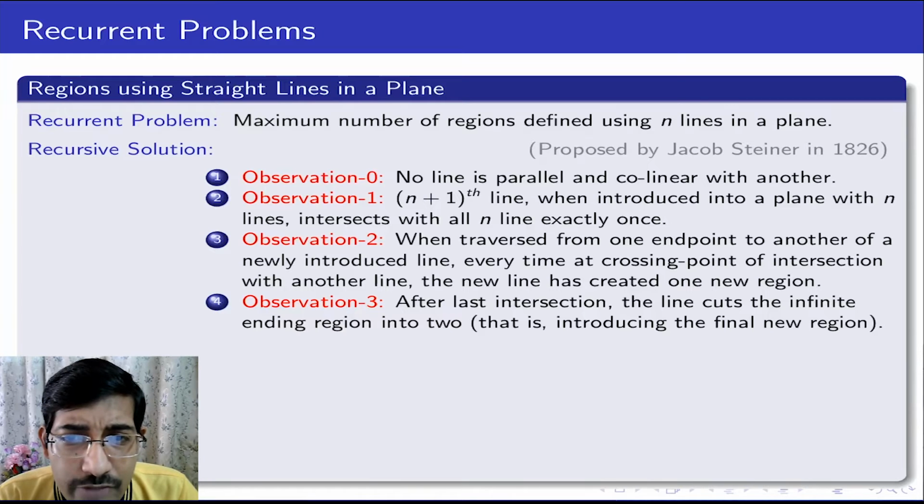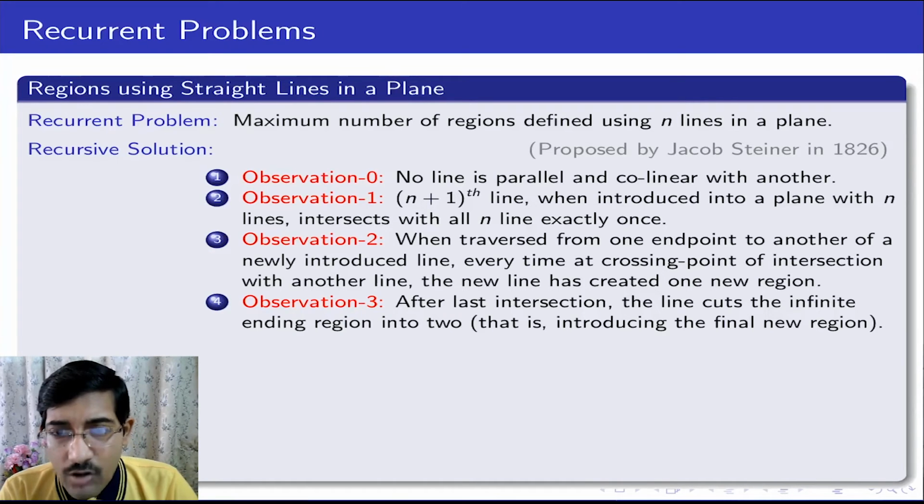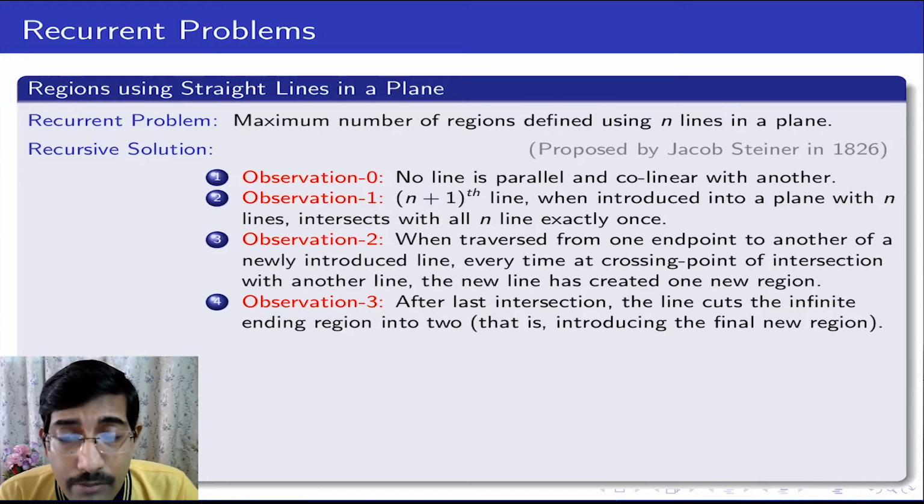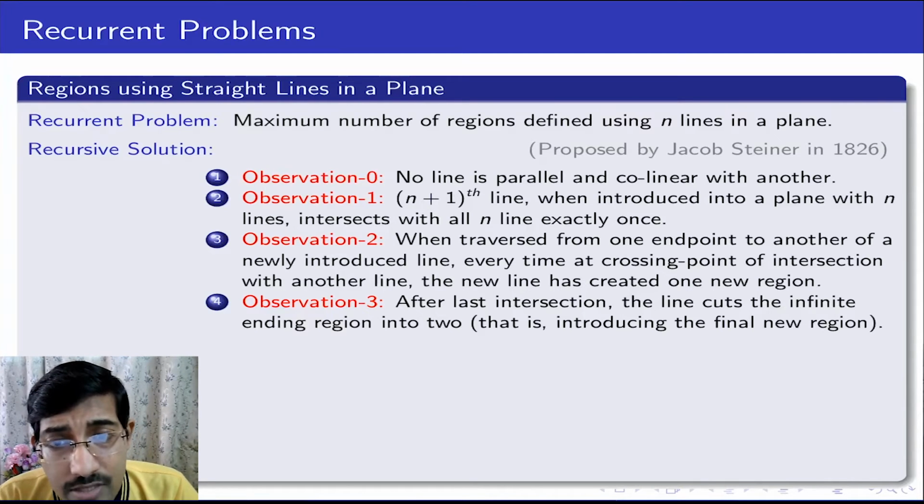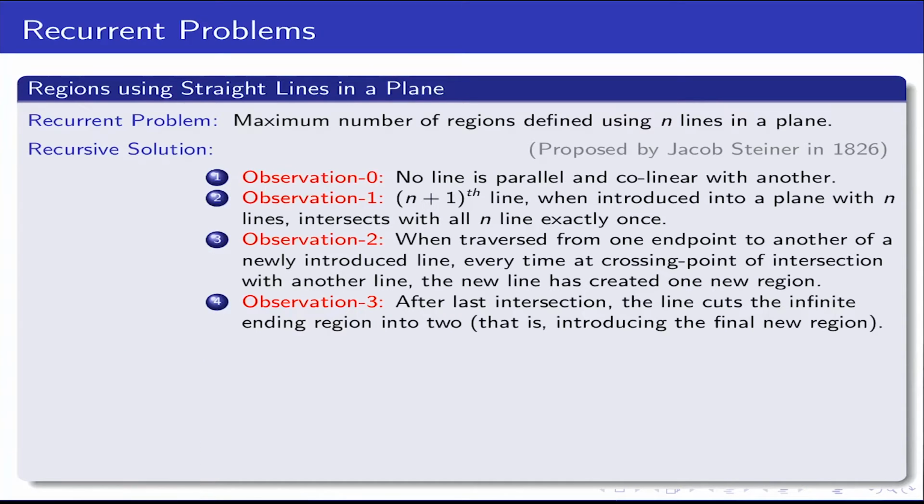So, what does this observation 2 and 3 summarize? Or rather 1, 2 and 3 summarize that the n plus 1th line intersects with every other n lines exactly once, and while it is intersecting, it increments every region by once. So, n number of regions get incremented, plus the last one, when it tries to go out, the last region also gets increased.